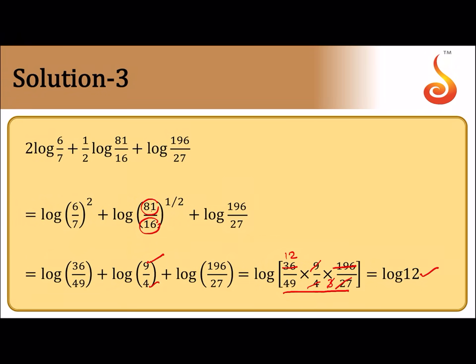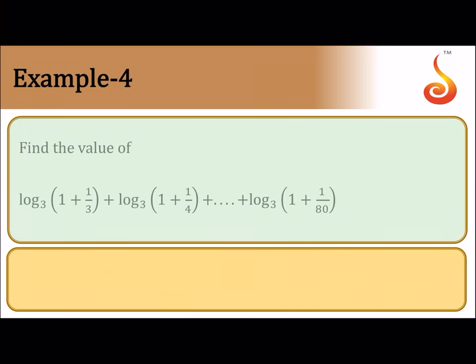Simple cancellation, all you know. 9 3s are 27, 3 12s are 36. Next, if you divide 4 4s are 16 and 5 6s, 9 6s are 54, 49 49 will cancel. So you get log 12.